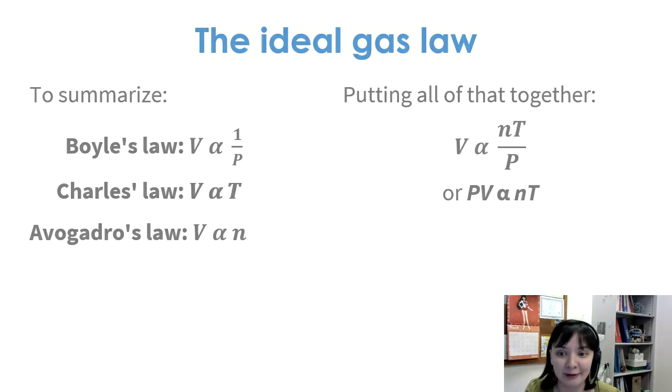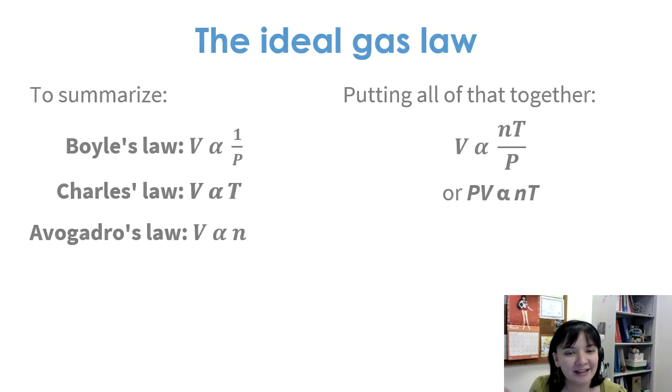Now, rearranging this, we have pressure times volume is proportional to moles times temperature, or PV ∝ nT. Remember that these little alpha symbols just mean proportional to, and so from these relationships, we can see, okay, if I increase pressure, what is that going to do to temperature? Or if I increase volume, what does that do to pressure? All of those things are accounted for here.